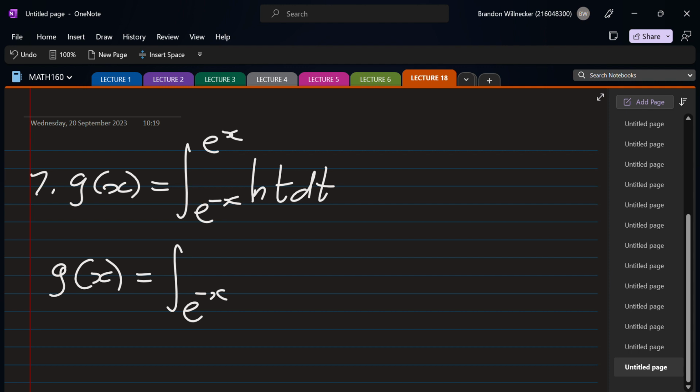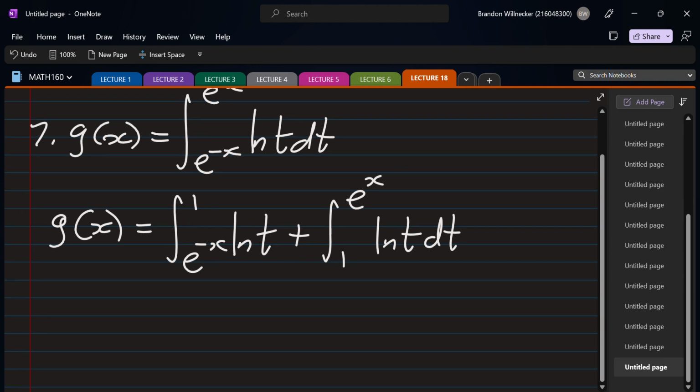So we can put a 1 as our middle bit. But you can't put 0. That's going to be a problem. Then we have the natural log of t dt plus the integral from 1 to e to the x, natural log of t dt. Or you could put 2 or 3 or anything like that. That works as well. It's just 0, there's a problem with that.